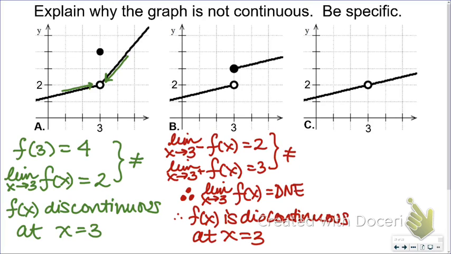All right, third one here. And this is condition 1. There is no point. If you look at where x is 3, there is no point anywhere on the graph when x is 3. So f of 3 is undefined.